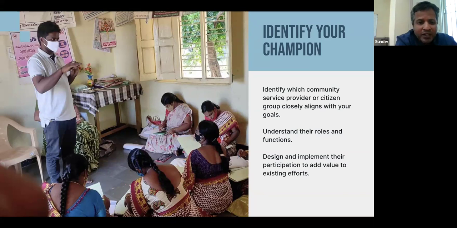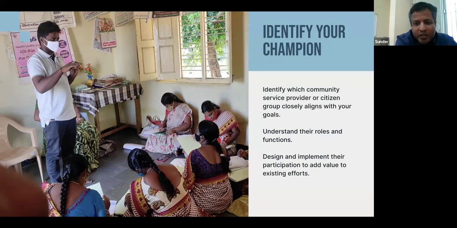But over time, we realized that there are a variety of community service providers and citizen volunteers within the community who can be leveraged and who actually come forward in different places.